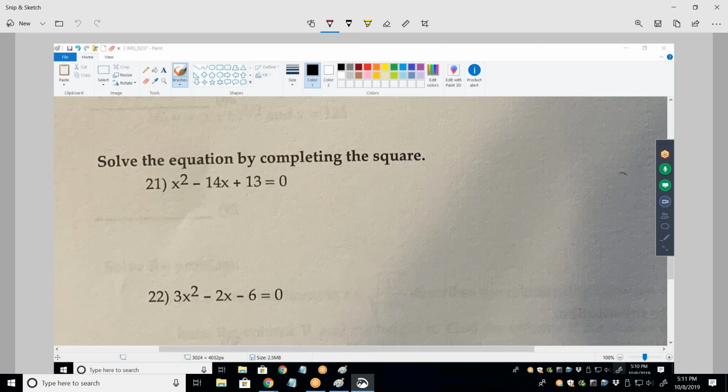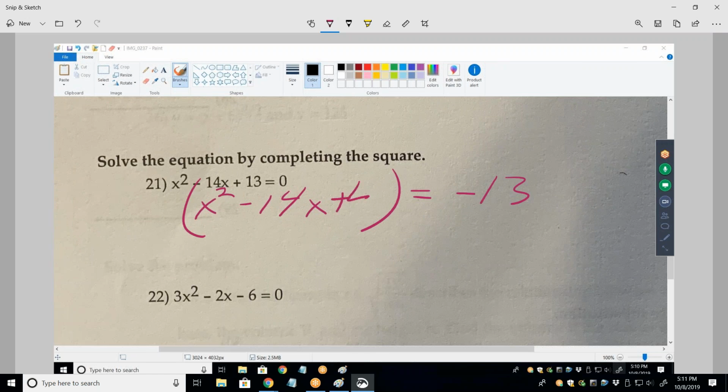Okay. So, what am I going to do to complete the square? So you would do x squared minus 14x equals negative 13, leaving enough room to complete the square, like that. Now what? Then you take half of 14, which is 7, and then you'd square it, so you'd get 49.